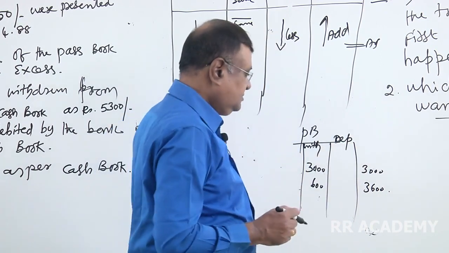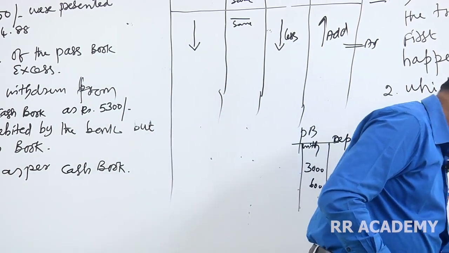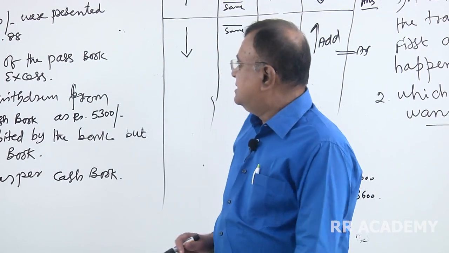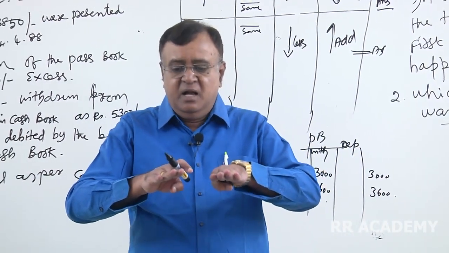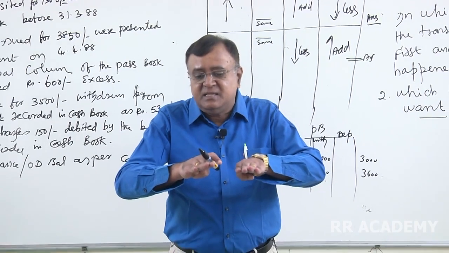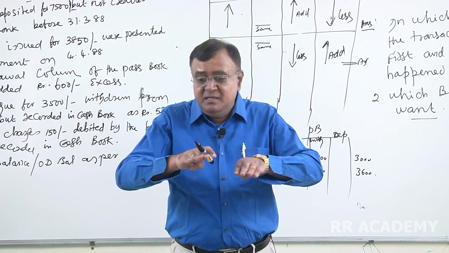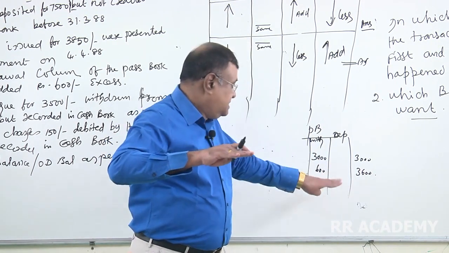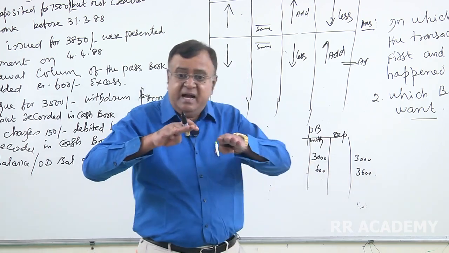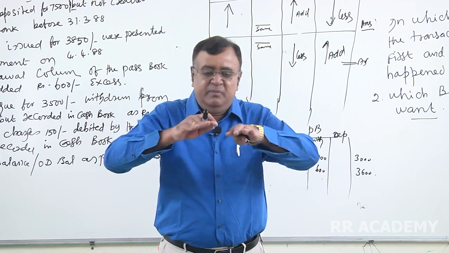Withdrawal column was added 600 less. Cashbook, passbook. Which book does it appear in first? Passbook. What happened to the balance, 600 rupees more? If 600 rupees is added more, what will happen to the balance?